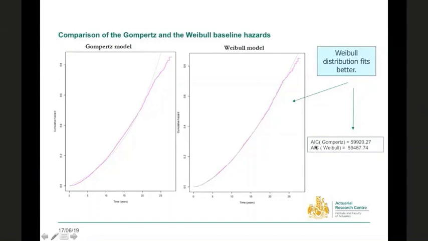Also, judging from the AIC, the Akaike information criterion, which is defined as a relative measure of statistical models, the lower the AIC, the better the model is. We can observe the AIC for the Weibull was smaller than that of the Gompertz. Based on that, the Weibull distribution was judged to be the best one to model the baseline hazard function.